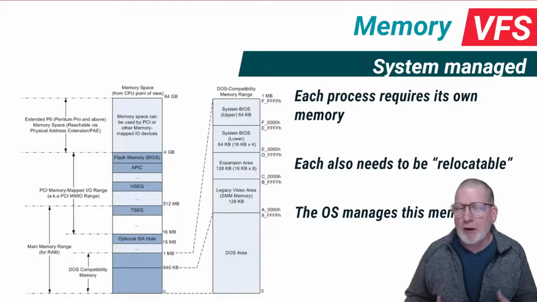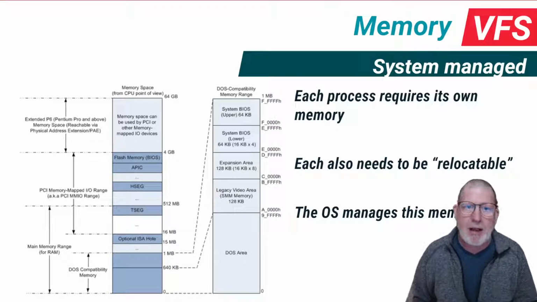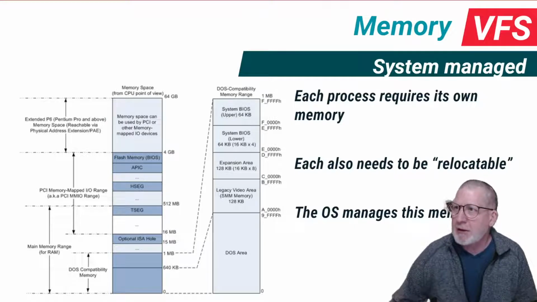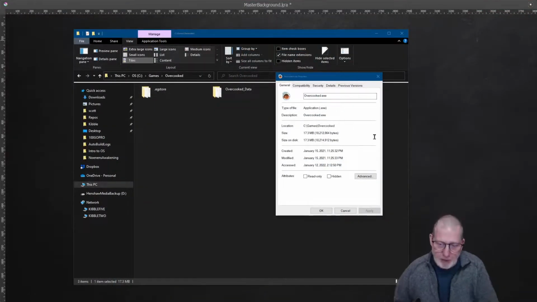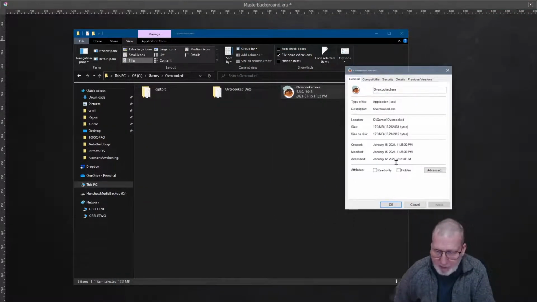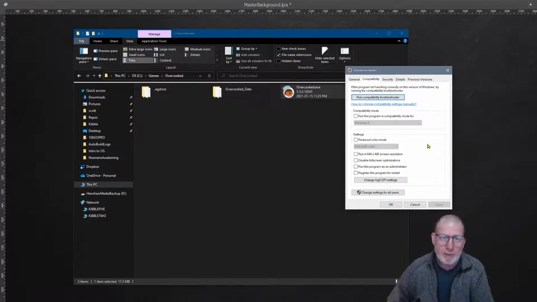If you right click on the File Explorer on any application that you're going to run, I'll see if I can bring one up here. Let's just look at something simple and straightforward. If I look at this application and go to Properties, I can go into compatibility mode.